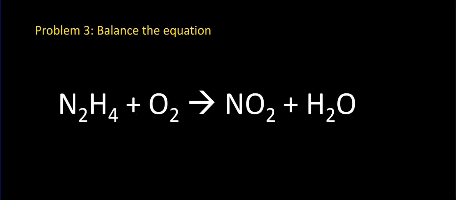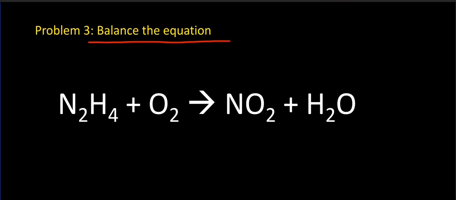So this is our problem 3, and here we are asked to balance the equation. This is a little bit harder than before, you will see. So let's continue. At first we will calculate the number of atoms on each side, just like before. We have 2 nitrogen atoms and 1 nitrogen atom here.